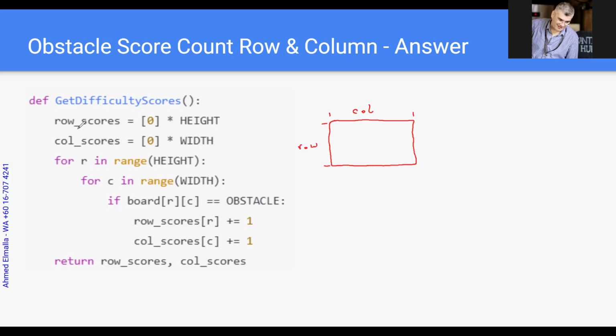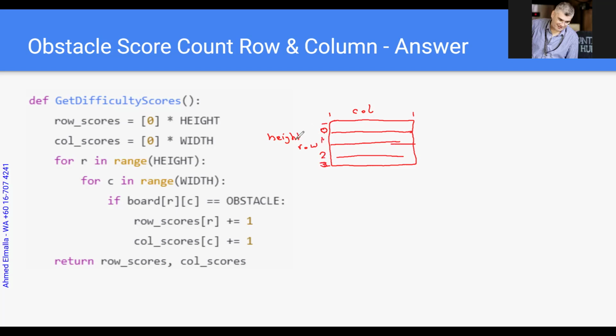So we should initialize our row scores based on the height, because the height typically is here, and the height determines the number of rows that we have here. So assume that we have something like that. So this is row 0, row 1, row 2, and row 3.